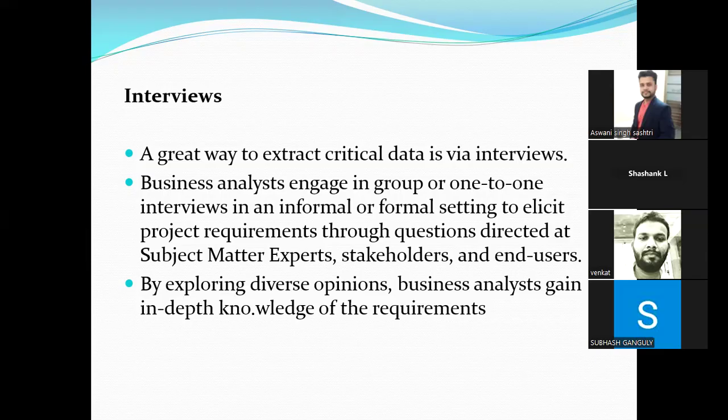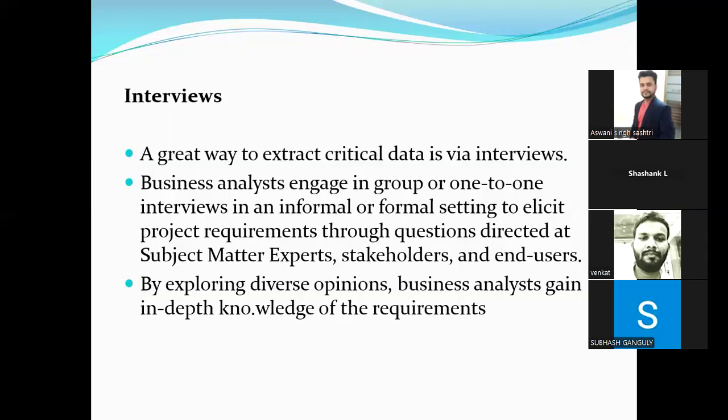Business analysts engage in group or one-to-one interviews in an informal or formal setting to elicit project requirements through questions directed at subject matter experts, stakeholders, and end users. By exploring diverse opinions, business analysts gain in-depth knowledge of the requirement. Thank you so much.